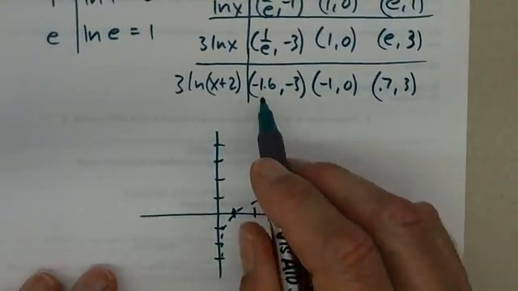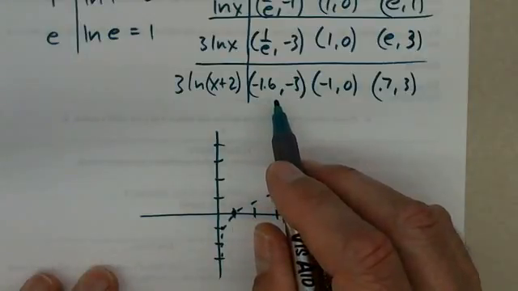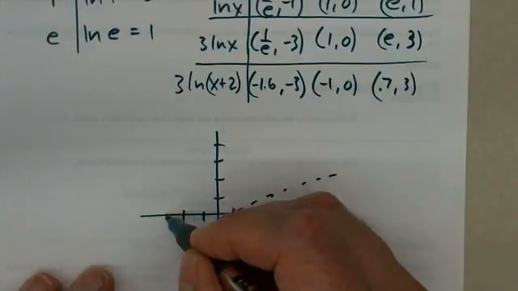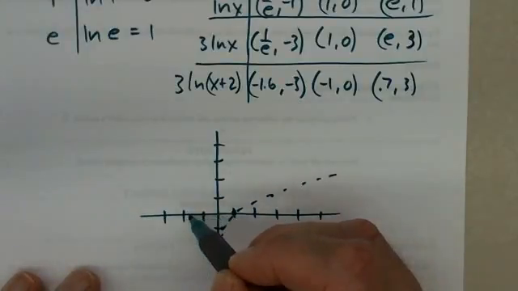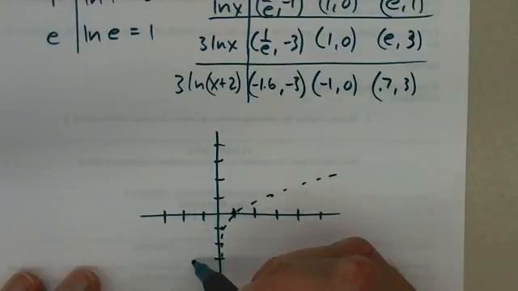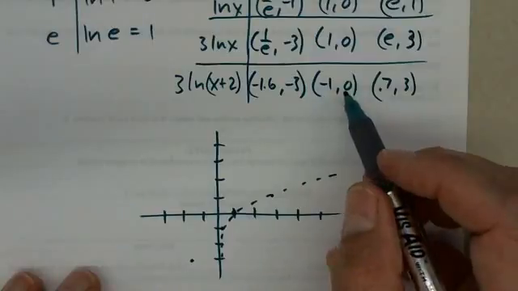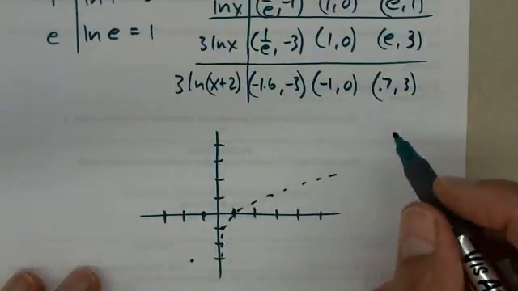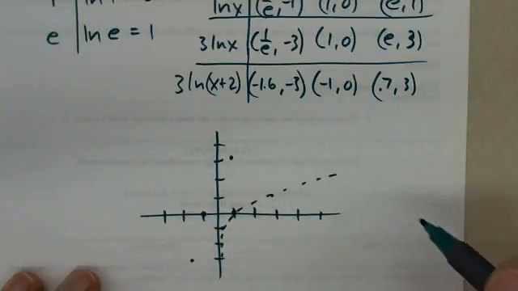And then we'll graph this at negative 1.6. We'll go to negative 3, negative 1.6, down 3. And then we'll go negative 1, 0, and 0.7 up 3.